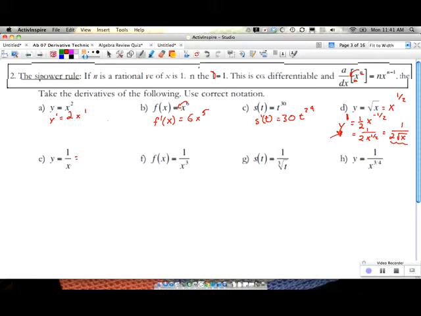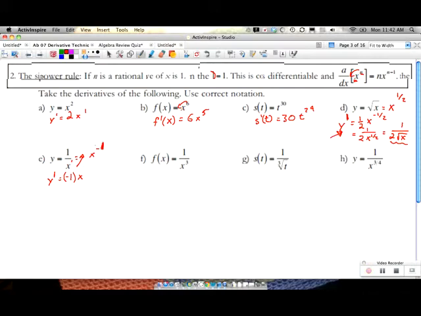Okay, opposite of dropping it down to the denominator if it has negative power, if we bring it back up, we give it back the negative power. So this really equals x to the negative 1. That means that if y equals x to the negative 1, then y prime, we're going to drop that negative 1 out front, times x, and now we subtract 1 from the power.